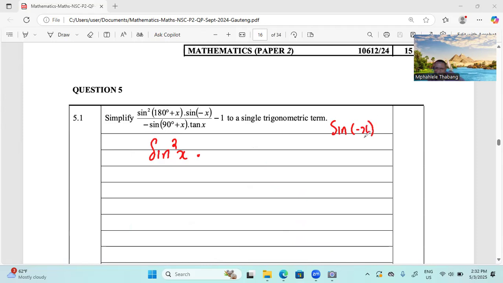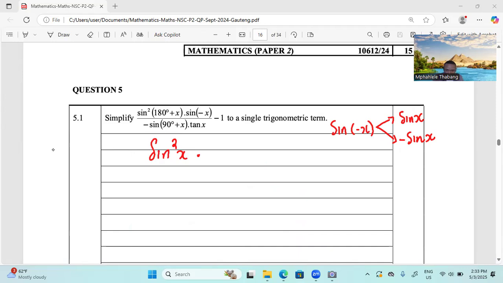Actually, there are two possibilities here. Let's say I'm not sure what my answer is. Maybe my answer can be sine x, a positive trig ratio, or maybe my answer might be a negative trig ratio. I know that one of these two is the answer.